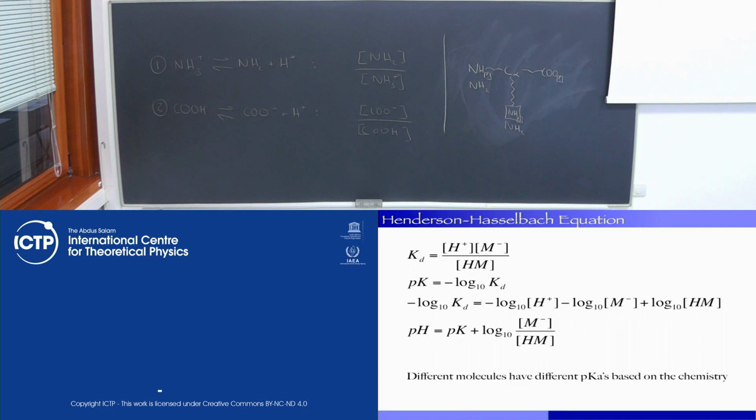So the concentration of this dominates. So you know that this is already saying to you, by taking 10 to the power, that that's the high concentration species. So that's the dominant protonated state. And that, you already knew that anyway. When you go to very acidic conditions, it must become protonated.